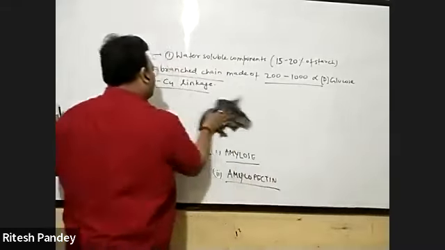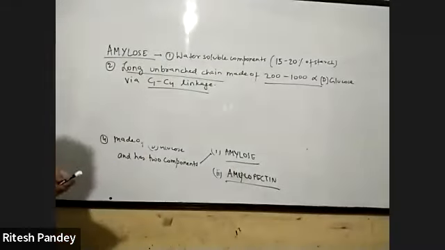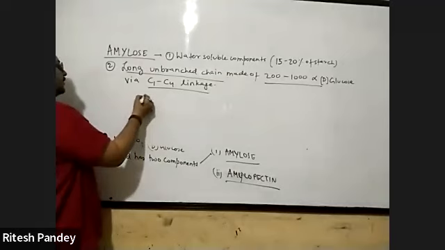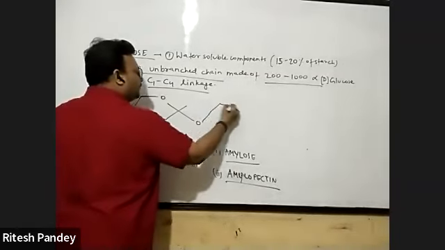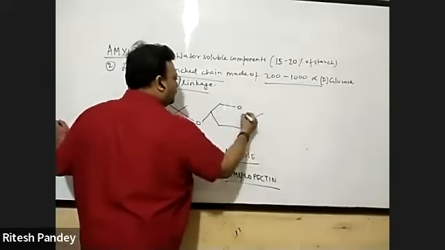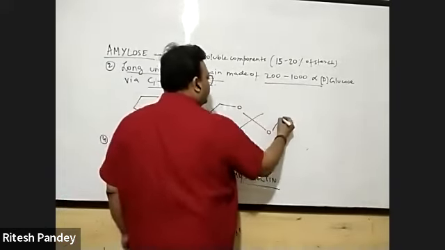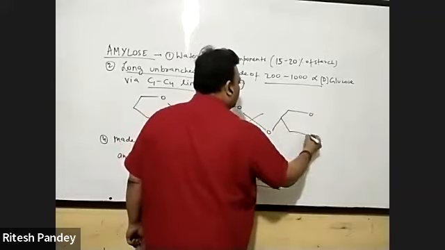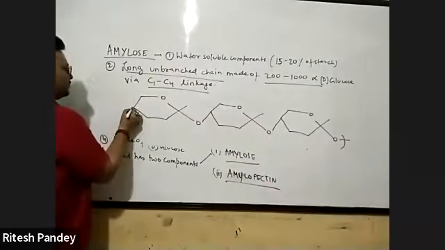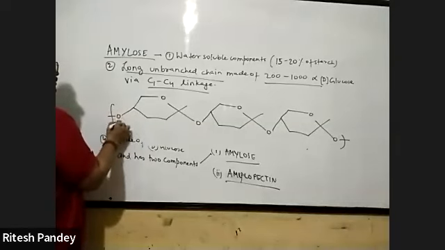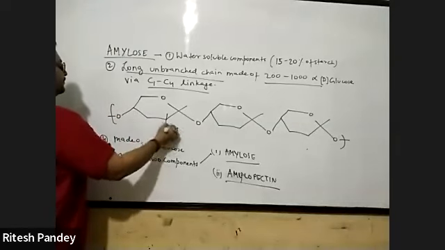And the picture I want to draw right away is, if this is alpha and this is carbon 4, then this is again alpha and this is carbon 4, and this is how it's supposed to be polymeric in nature.